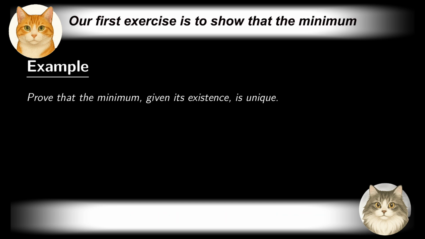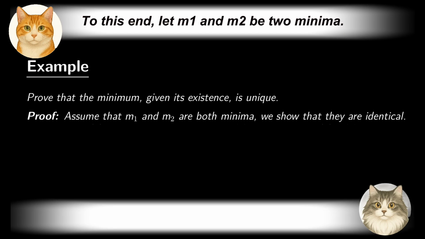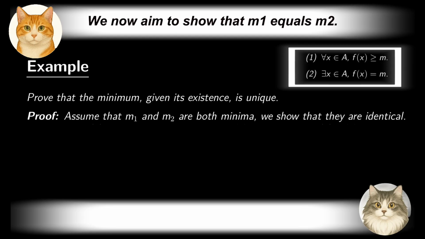Our first exercise is to show that the minimum of a function on a set A, given its existence, is unique. To this end, let m1 and m2 be 2 minima. By definition, both m1 and m2 satisfy the 2 conditions that characterize a minimum. We now aim to show that m1 equals m2.